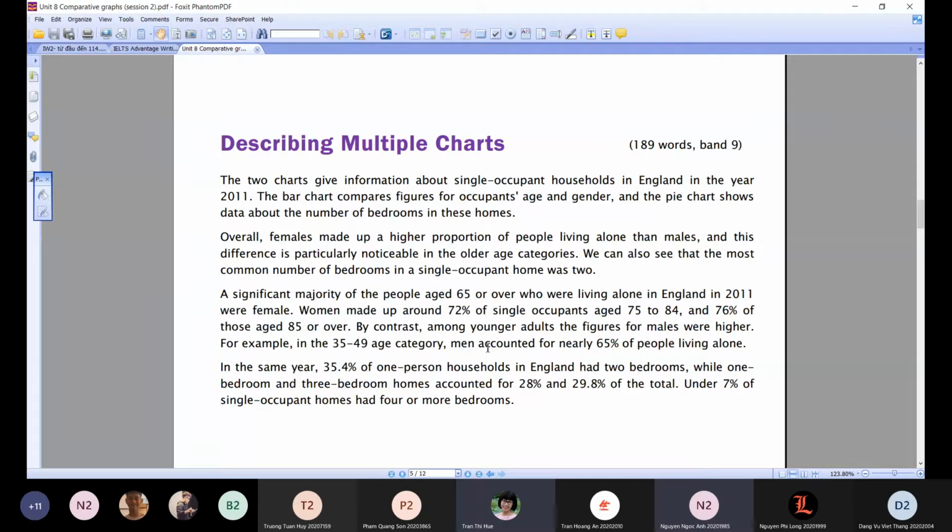Well, actually, you see all the statistics and numbers here in paragraph 3. They are the significant statistics or the key statistics of the first chart, right? Yes. And how about the last paragraph, Ngọc Anh?